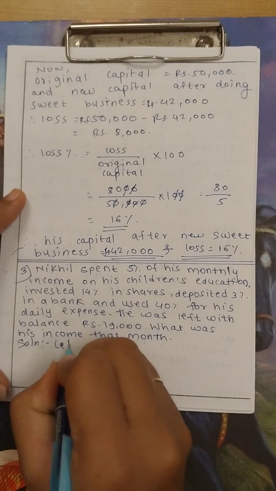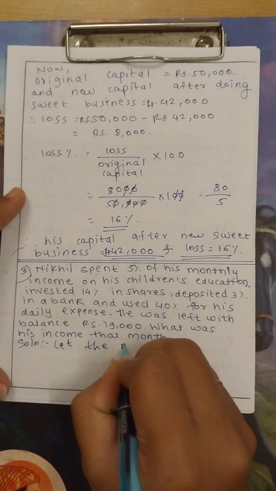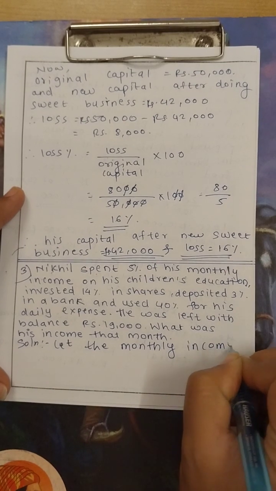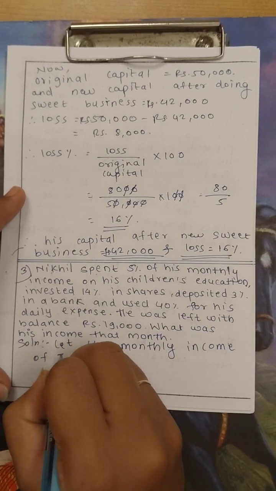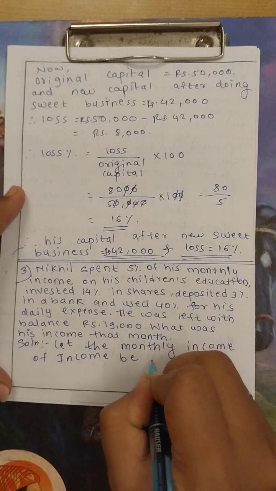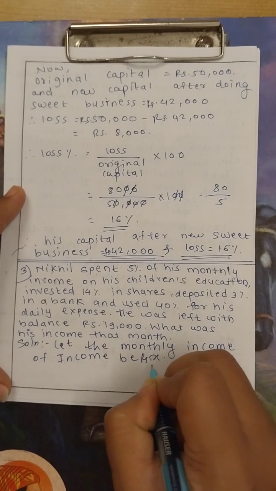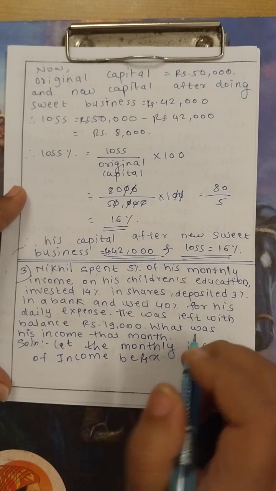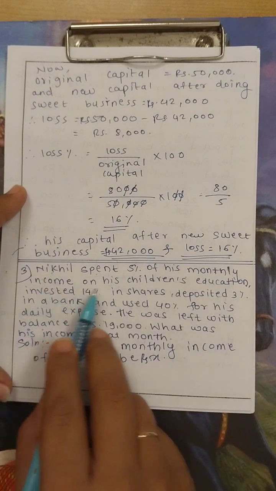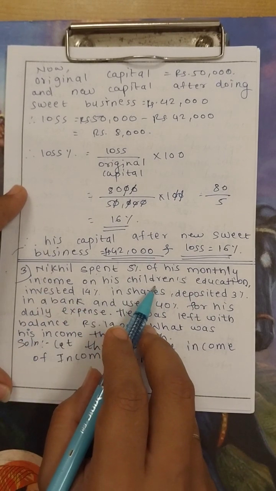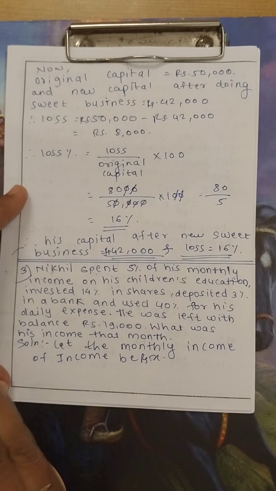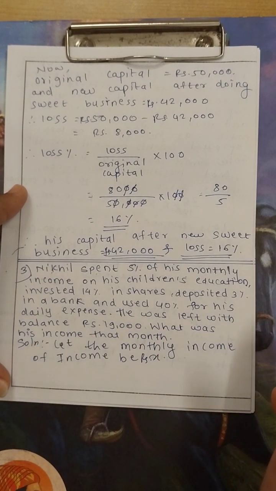Let the monthly income of Nikhil be X. Yes, we have to consider it to be rupees X. First, what he did, 5% of his monthly income on the children. We have to add all the expenses first of all.